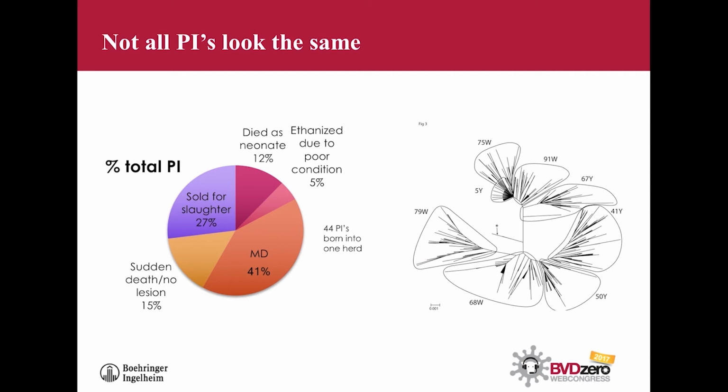We were able to track these 44 persistently infected animals over the next year. As you can see in that pie chart, 12% of them died as neonates, 5% of them were euthanized due to poor condition. About 41% of them developed mucosal disease. And we saw sudden death in about 15% of them. But you can see over a quarter of them look completely normal and live long enough to be sold to slaughter.